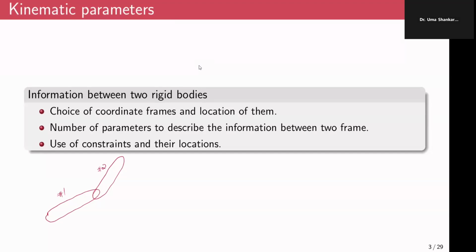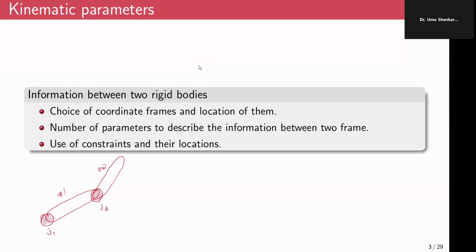And either of these links will have joints attached at either of their ends. So maybe I'll represent these joints as J1 and J2. For example, these are pure revolute joints.